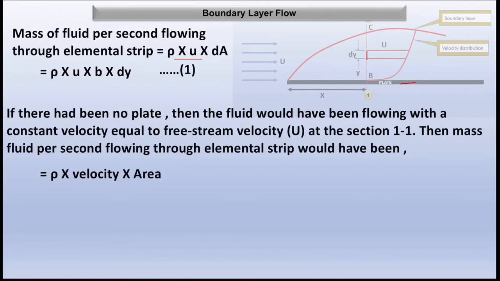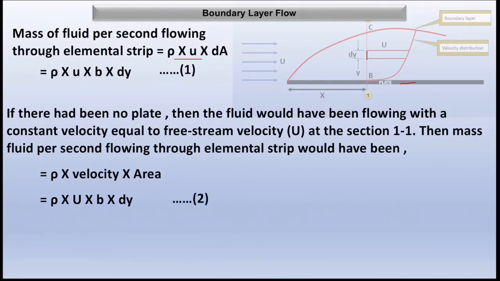There will not be any velocity gradient at all, and there will not be any shear stress in the fluid. So if we consider that situation, the mass of fluid flowing through that entire section will be rho into velocity into area, but here the velocity will be equal to the free stream velocity because we assume that. Okay, then further we will solve this.